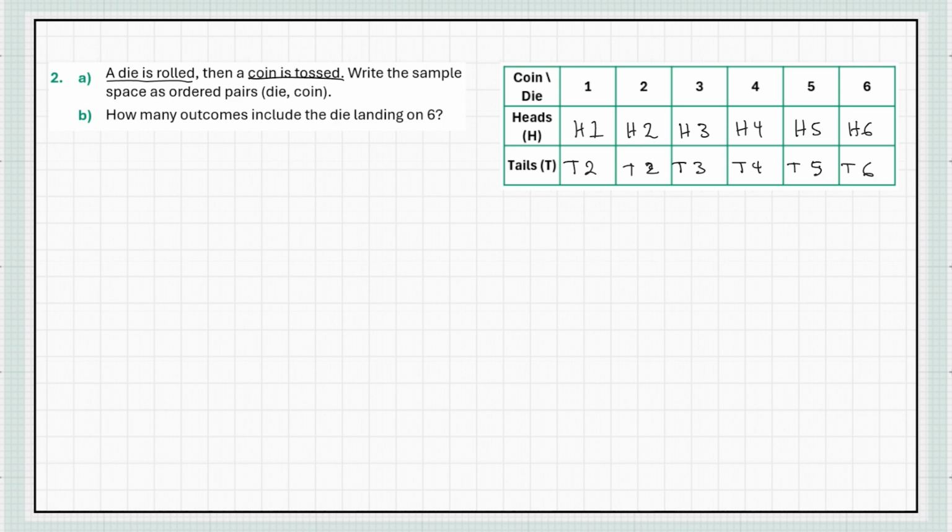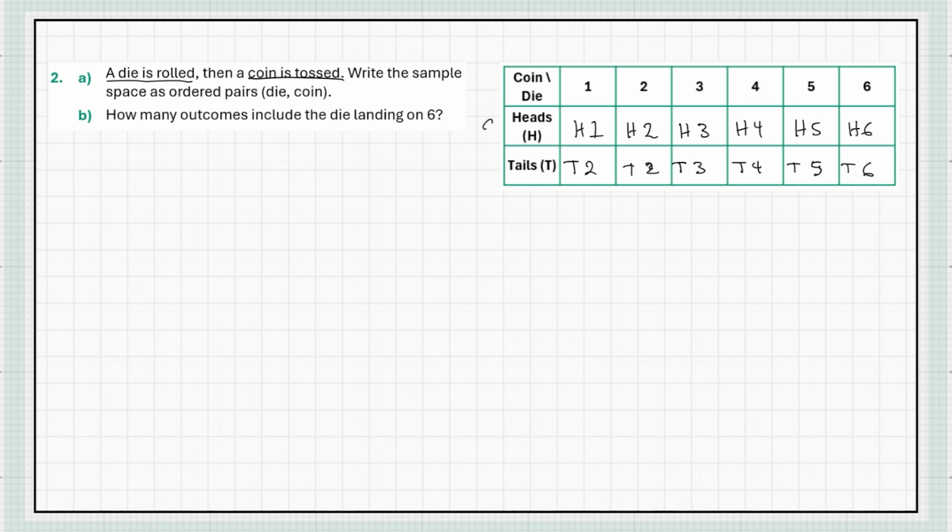Alright, so that's our entire sample space. So we can get a head combined with the numbers 1 to 6 or tails combined with the numbers 1 to 6. And total, we have 12 possible outcomes, 6 in the first row and 6 in the second row.